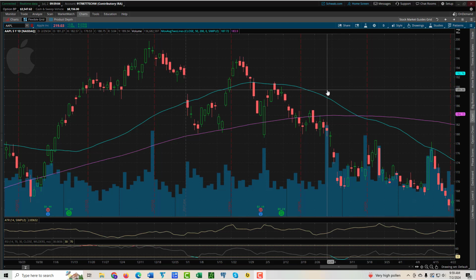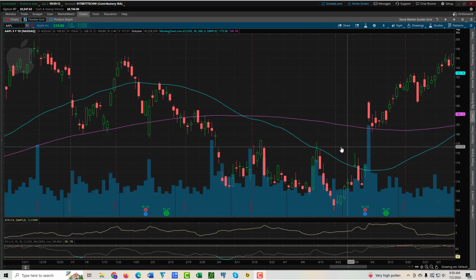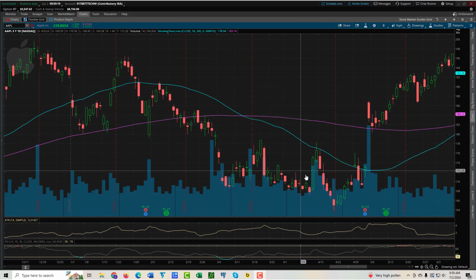Now, let's just take a look for fun. How did this death cross turn out for Apple? I'm going to advance the chart forward, and you can see here already that this supposedly is something you would use as a signal to short, and you can see what happened. It ended up doing the exact opposite with enough time. If it were a short-term trade, then maybe you could have profited by shorting here, but this particular one didn't turn out.